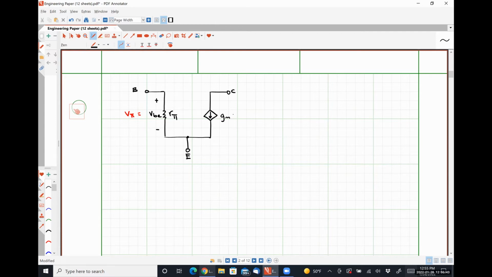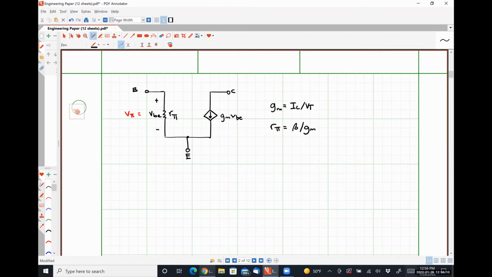This one has a value of gm times vbe, where gm is equal to IC divided by VT, and R pi is equal to beta over gm.